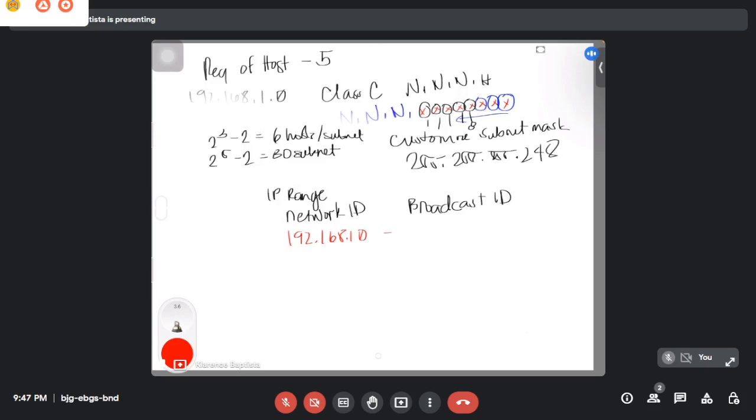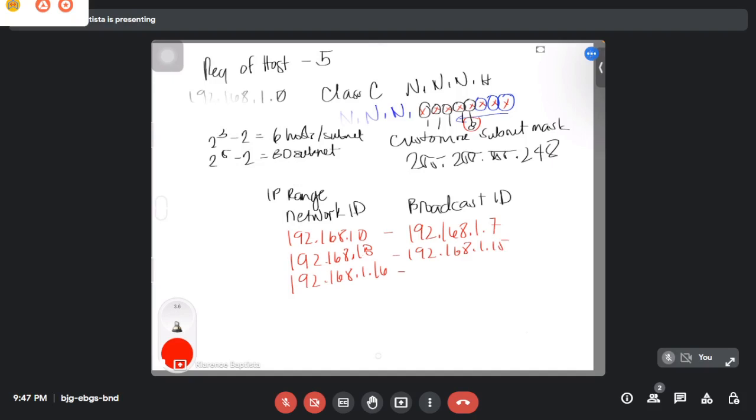Okay, since 8 po to, next natin is 192.168.1.8. Okay. Tapos next is 192.168.1.16. Okay, so yung unang range is 192.168.1.7, 192.168.1.15.